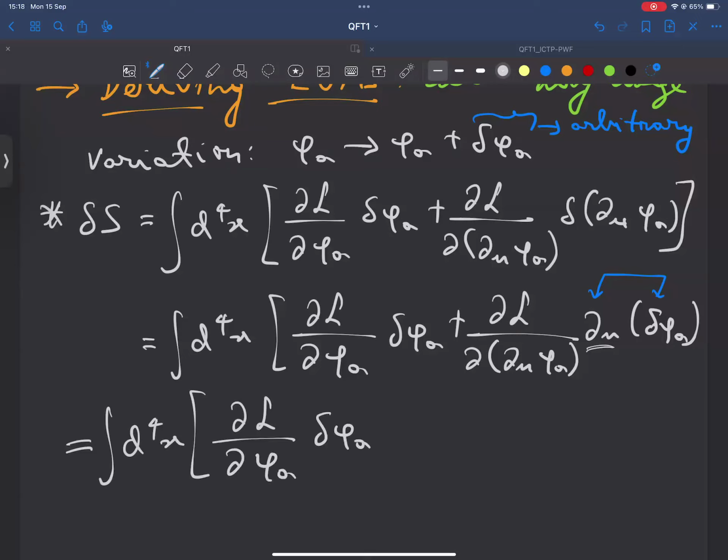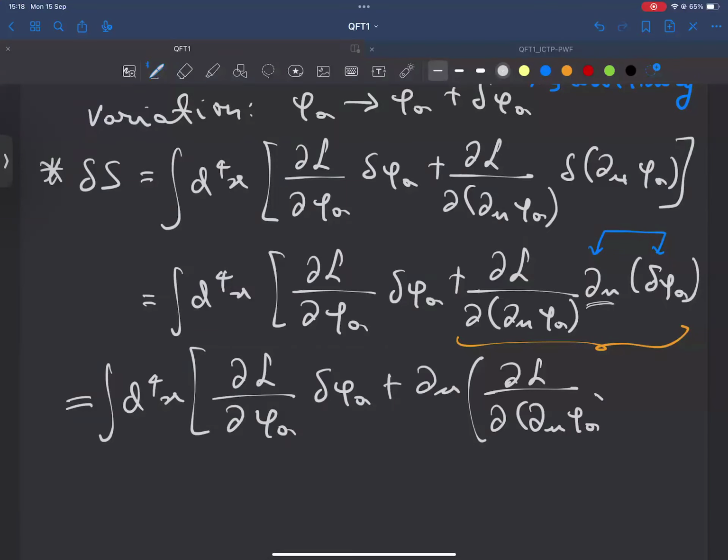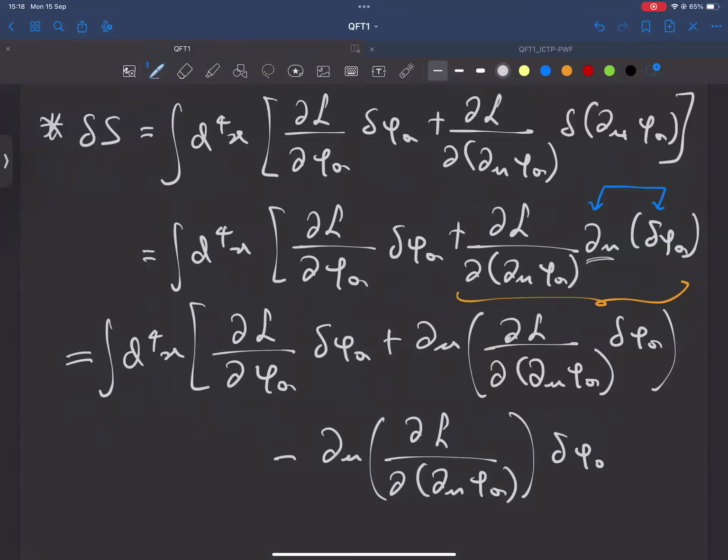On the second piece, over here. So if you do that, you get a total derivative piece. So this is again just the product rule, and a piece that acts on the Lagrangian only, but not on the variations.